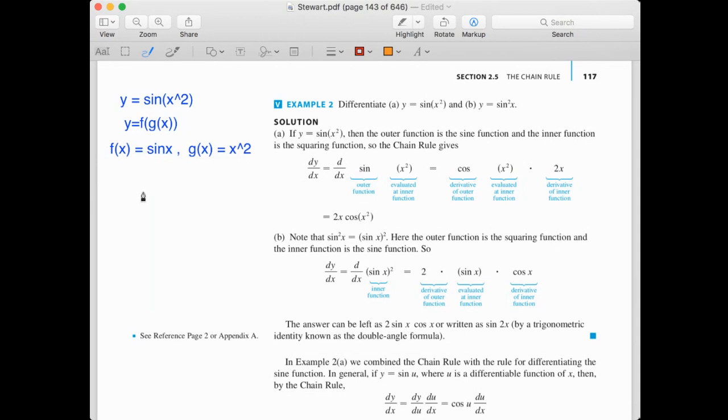So in this case, we can see y equals f of g of x, right? That's f takes g. What's g? g is x squared as input. f takes g as input. What does f do? f takes the sine of the input, sine of x squared.